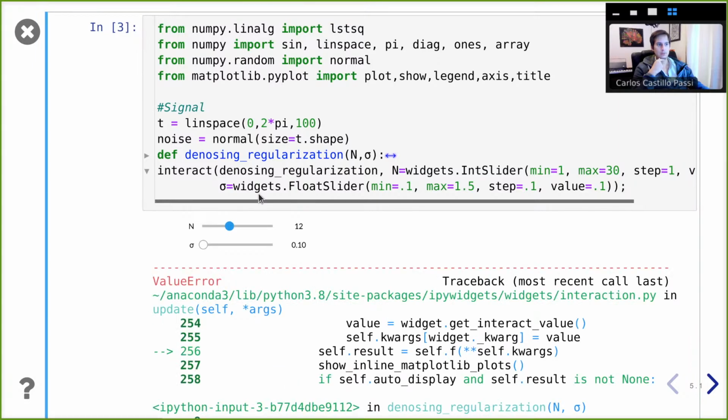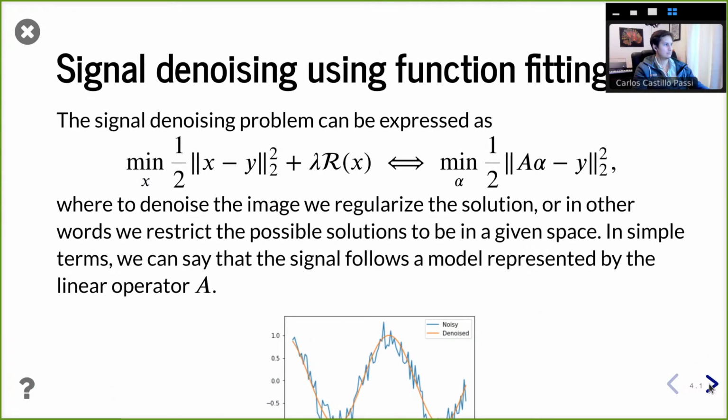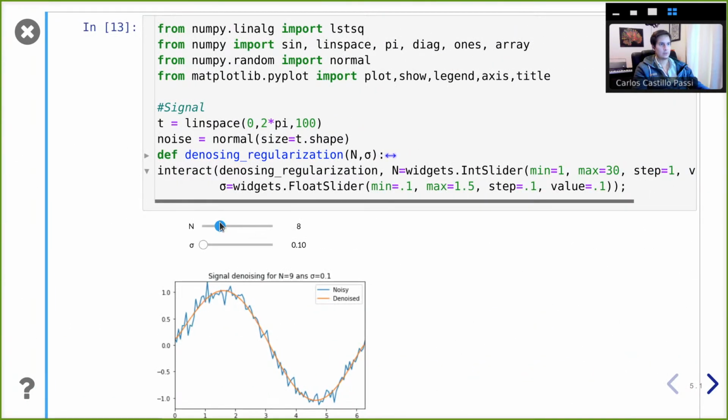If I go, sorry, what happened? We need to run it again. If I go to the left, you see that the signal and the denoised signal match very well. If I start decreasing the degree of the polynomial more, until here, for example, I have a polynomial with degree 1.